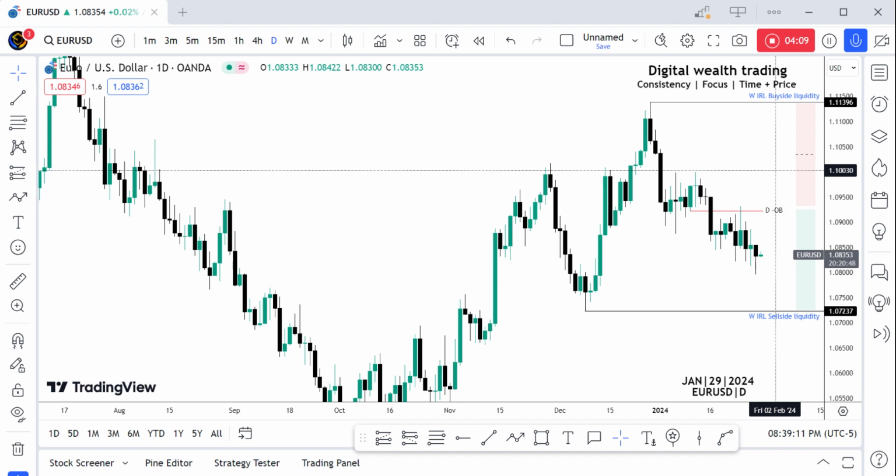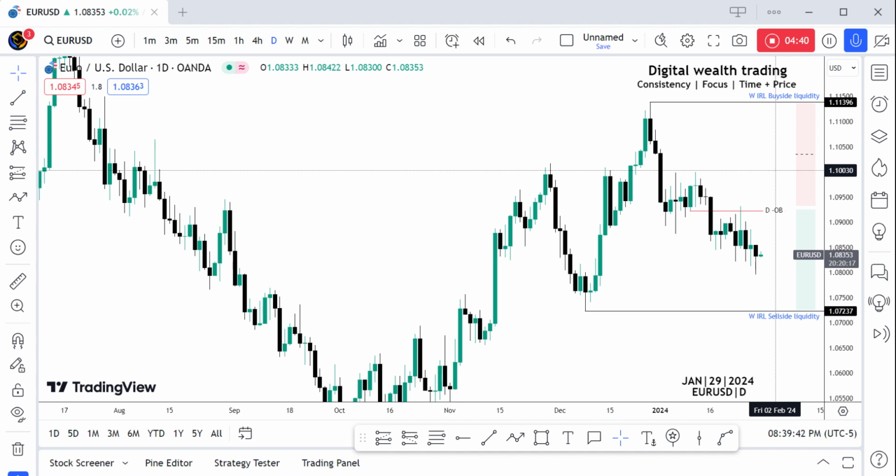Given that price just traded into a daily ICT order block in discount, we are trading at a lower probability zone to expect a decline in price. Having called out all these areas, we are currently in discount, and it is really not good to be a seller at a discount price.